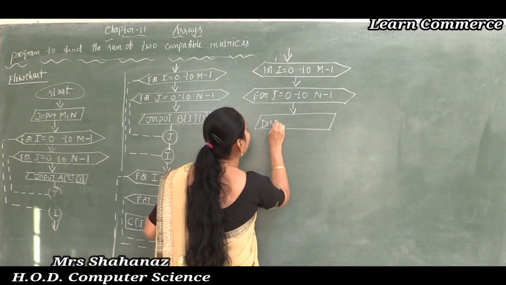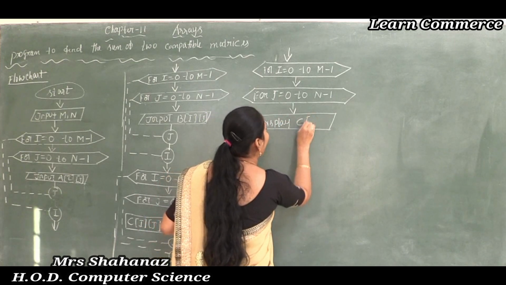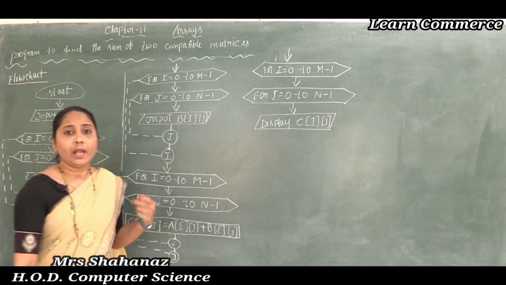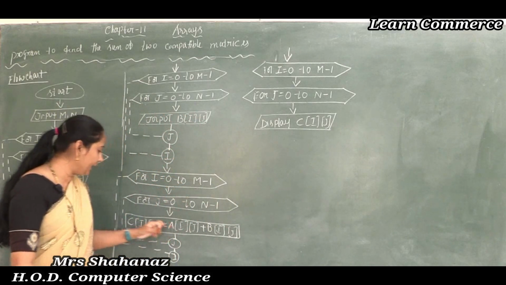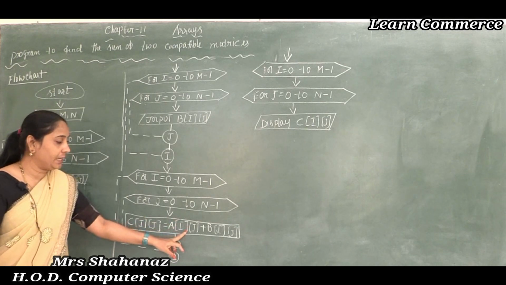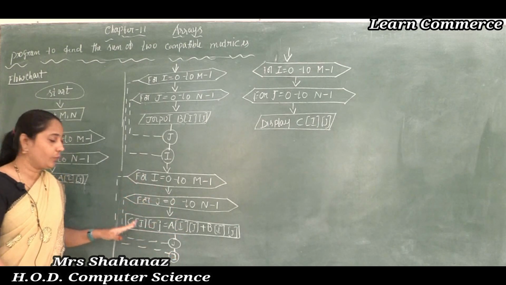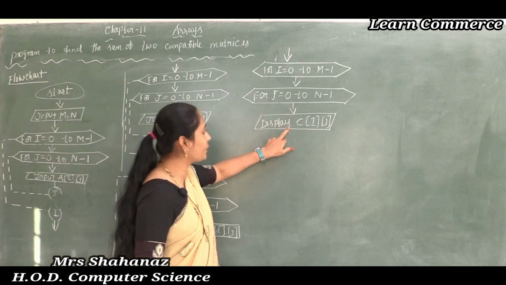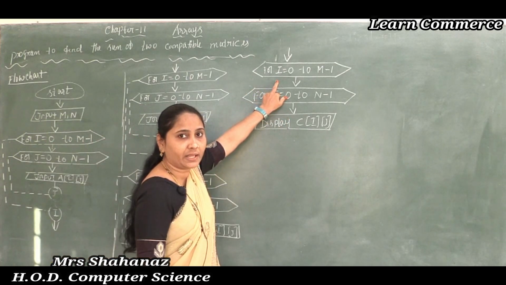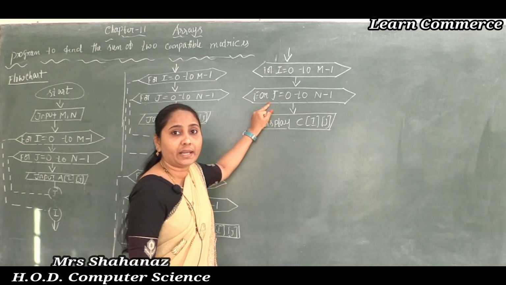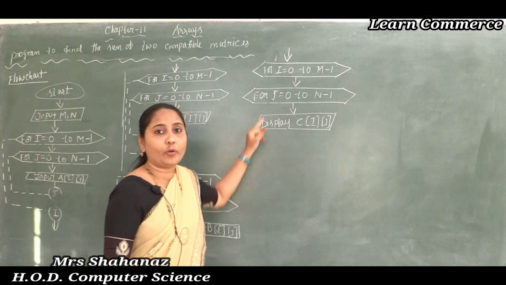So display C of ij. As we know, both values of A of ij and B of ij we added into the matrix C of ij, because here we did the addition. Now whatever the result is in C of ij, that is going to be displayed. But before displaying the result we need to access the rows and the columns of the matrix A and B. So how are we going to do that?